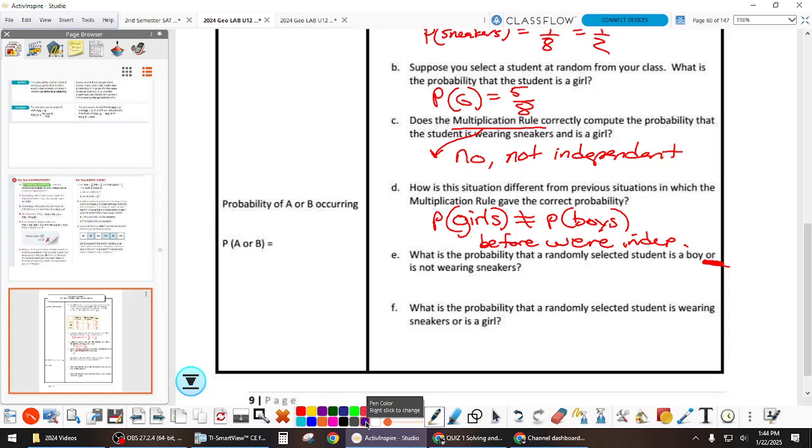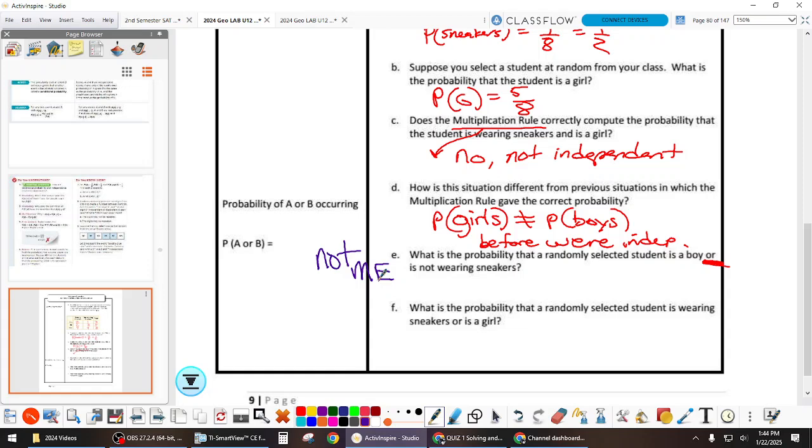Is being a boy and wearing sneakers mutually exclusive? No, because we have two right here that are both, right? A boy and wearing sneakers. So this is not mutually exclusive probability. So what's the formula for not mutually exclusive or probability?